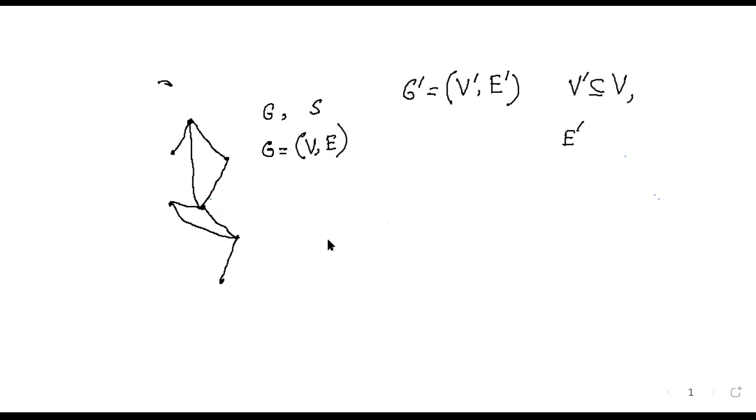So what we'll first prove is that if T and T prime are two spanning trees, they may not necessarily be neighbors.